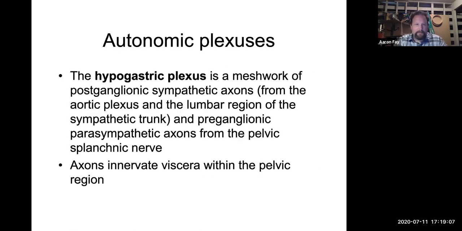Don't worry about it. Hypogastric plexus is a meshwork of postganglionic sympathetic axons and preganglionic parasympathetic axons. Not important. Axons innervate the viscera within the pelvic region. That's what I want you to know. Hypogastric plexus, innervation of organs in the pelvic cavity.